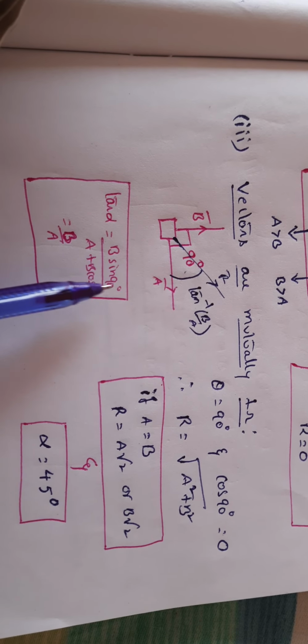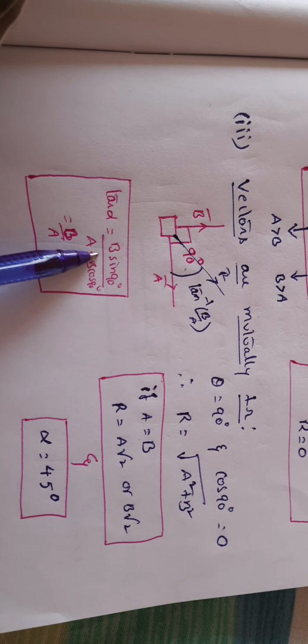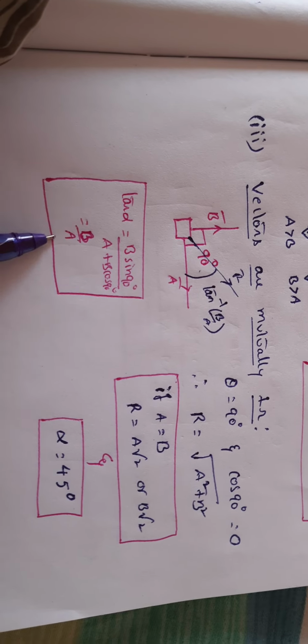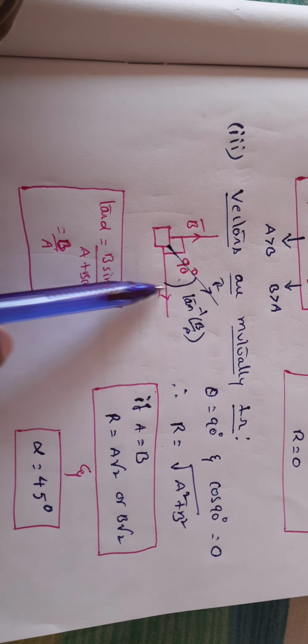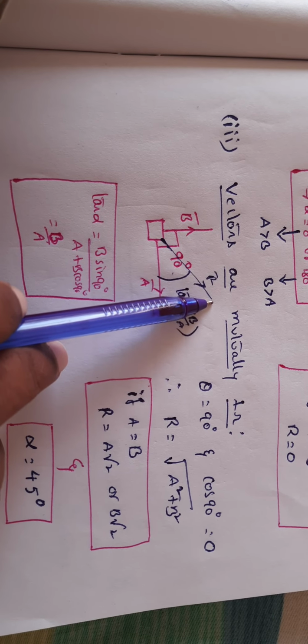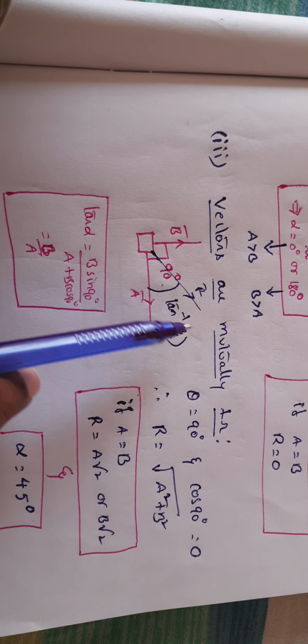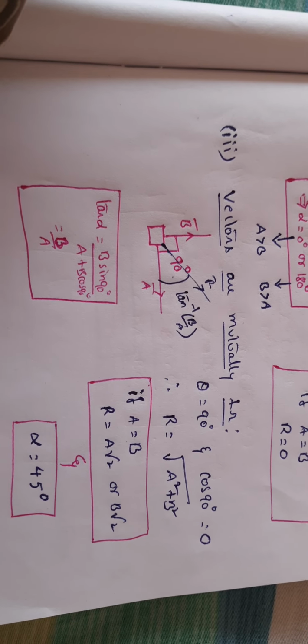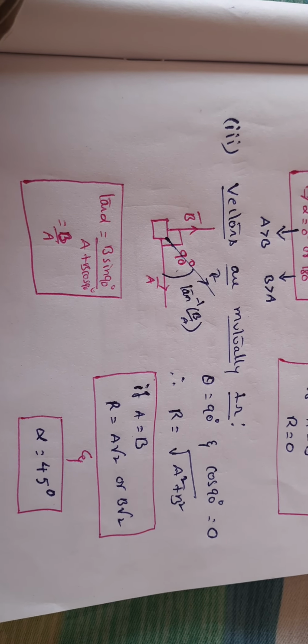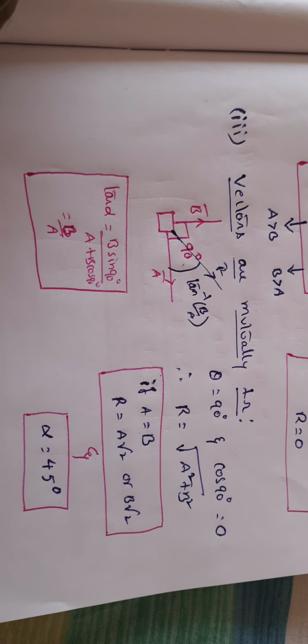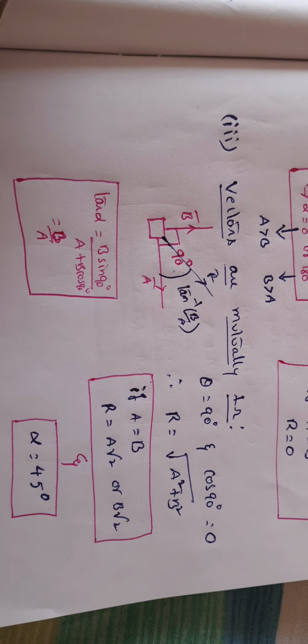Sin 90 is 1, cos 90 is 0. This becomes 0, it is B by A. So tan alpha is equal to B by A, or the angle made by the resultant is tan inverse of B by A. And if A is equal to B, the resultant can be A root 2 or B root 2, and alpha is 45 degrees.